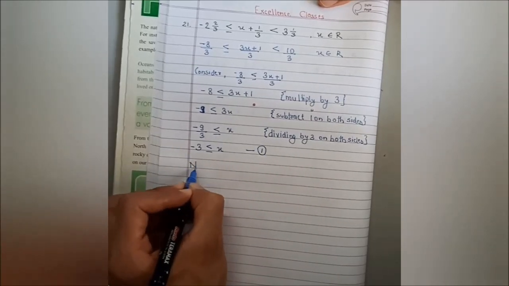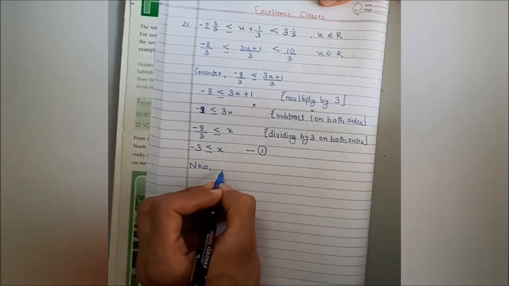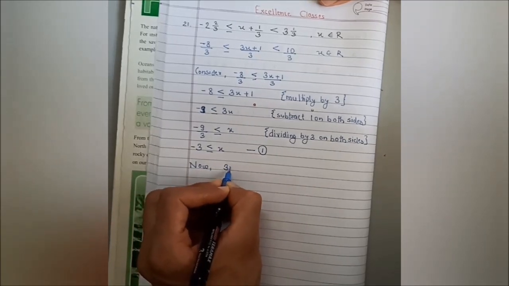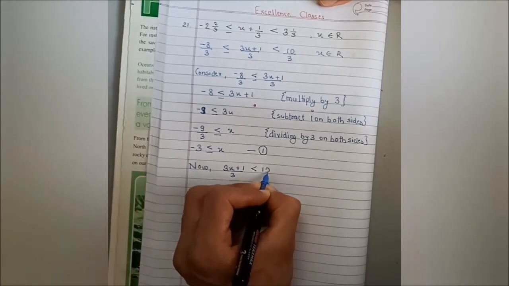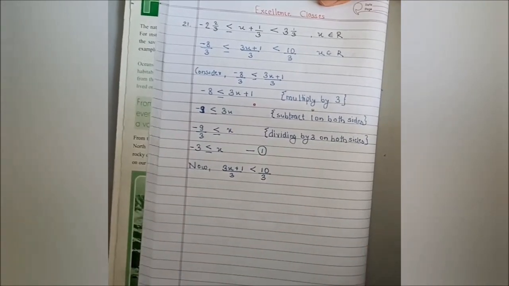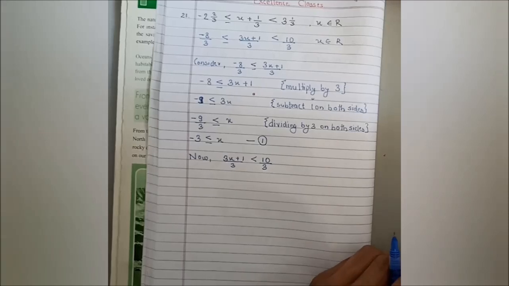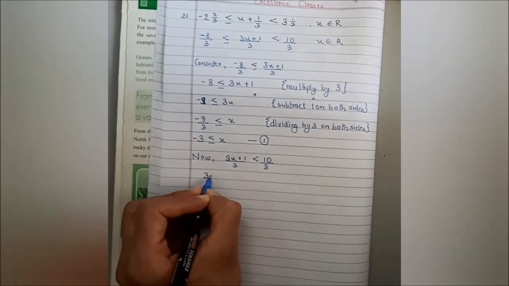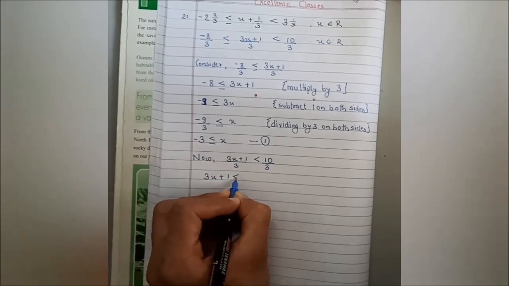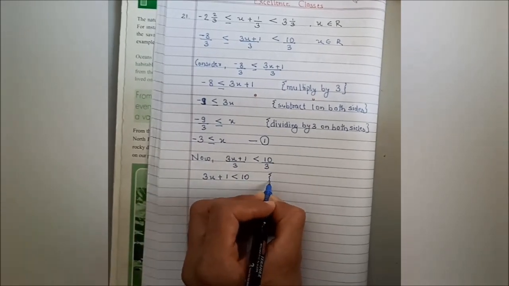Now let us consider the second part. It will be 3x plus 1 upon 3 less than 10 upon 3. On multiplying by 3 again on both the sides, I'll get 3x plus 1 less than 10.